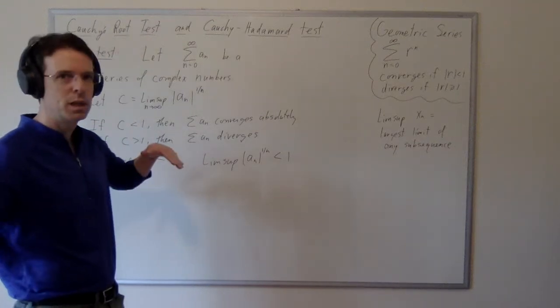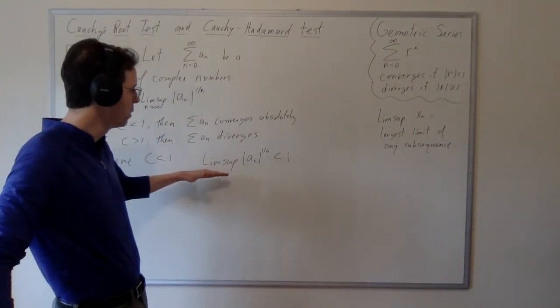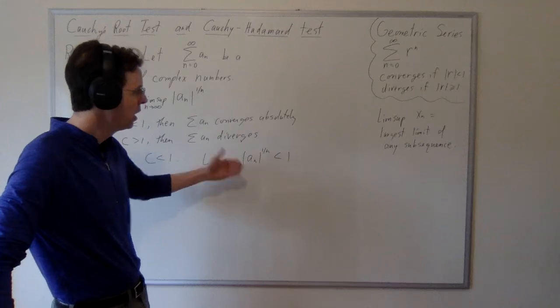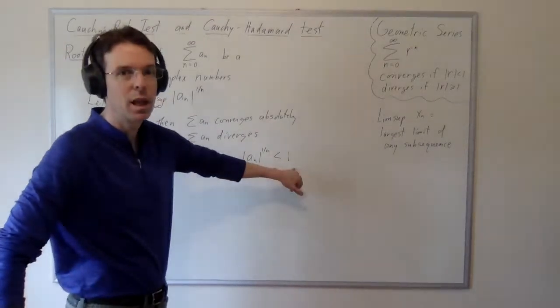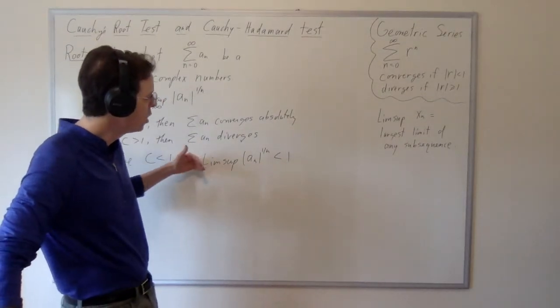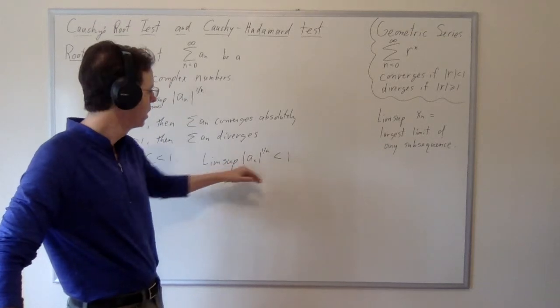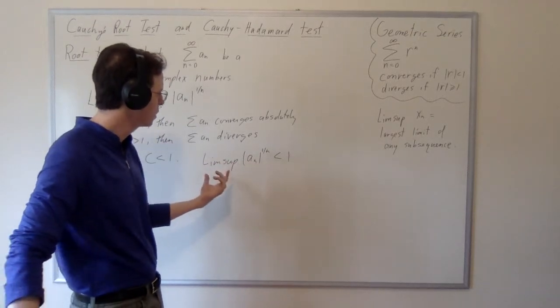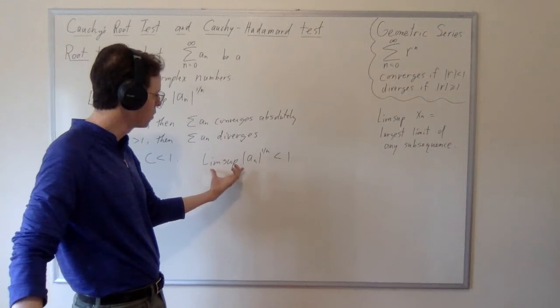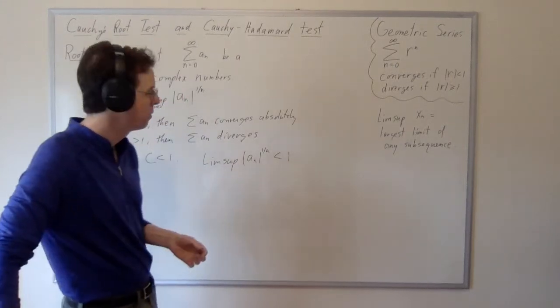Now, the lim sup is the highest possible limit of any subsequence of this thing. And it's strictly less than 1, which means that no subsequence converges to 1. And in fact, no subsequence converges to any of the numbers between this value and 1.